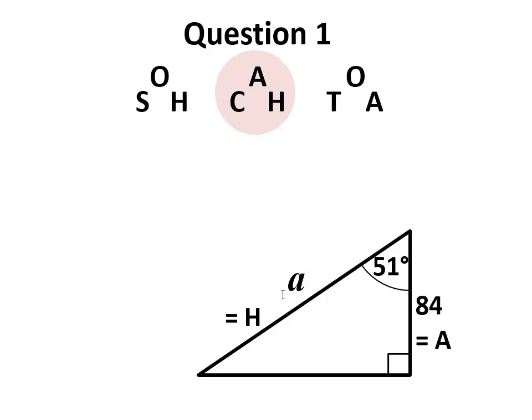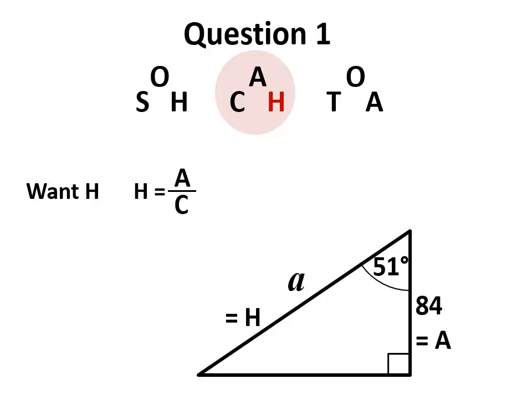Now you notice, although this side is labelled A as our unknown, it's actually the hypotenuse. The adjacent side is the one adjacent to the angle. You have to ignore letters given and use the A and H based on the sides, not how they happen to be labelled. So we're going to use cos, and we're trying to find the hypotenuse.